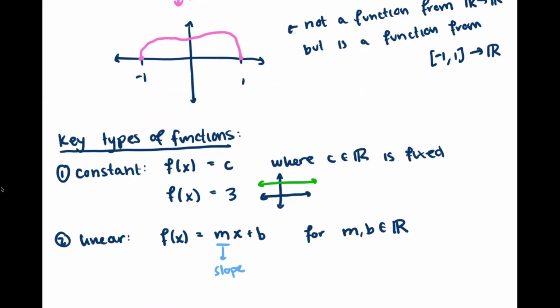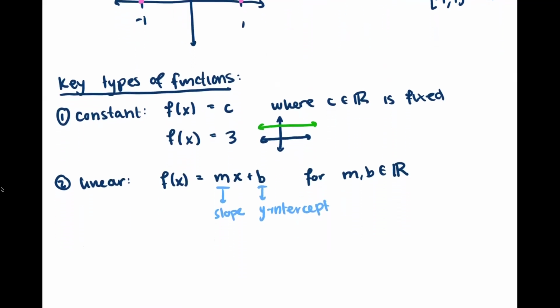This is a measurement of how steep the line is, and b is called the y-intercept. And the graph of this will just be some kind of line. The numbers m and b control how steep your line is and where it is located, but it always looks something like that, or it could be going down the other way.